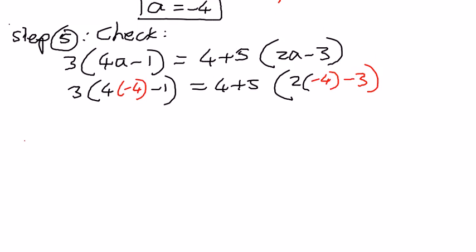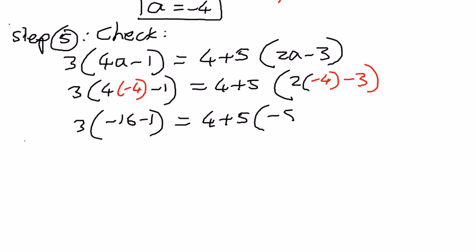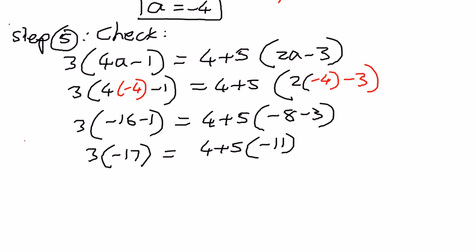We'll simplify this. So as you can see here, 3 times (negative 16 minus 1) is equal to 4 plus 5 times (negative 8 minus 3). So 3 times negative 17 is equal to 4 plus 5 times negative 11. So 3 times 17 is equal to negative 51.